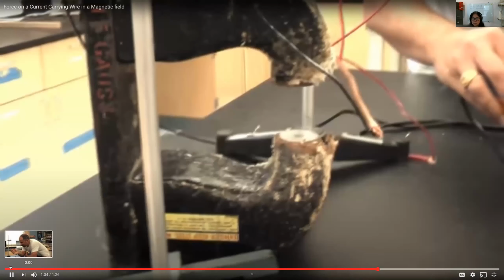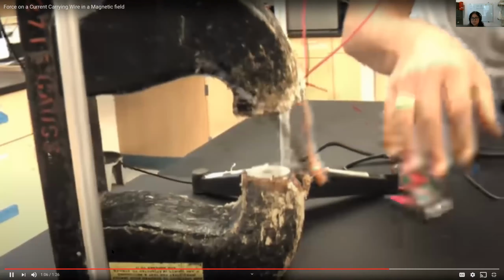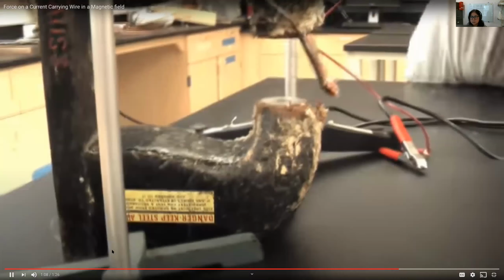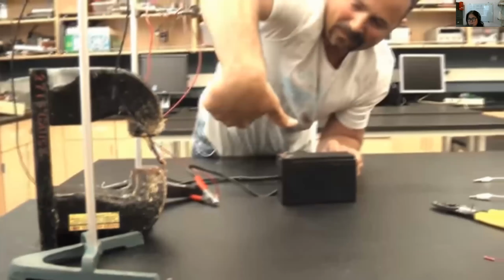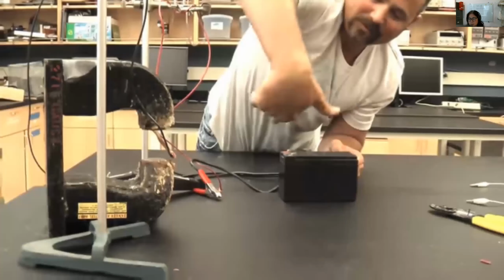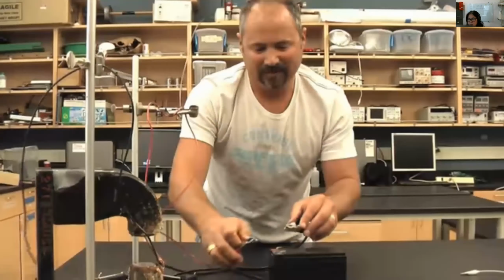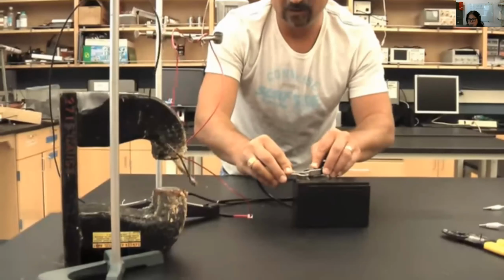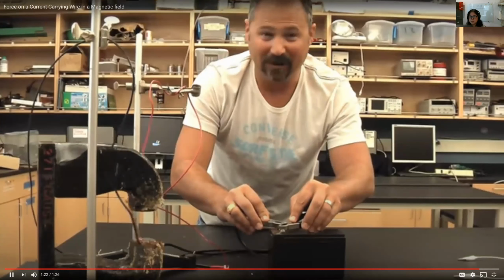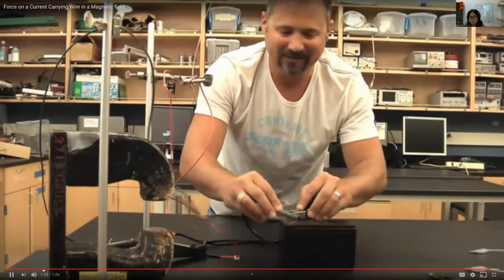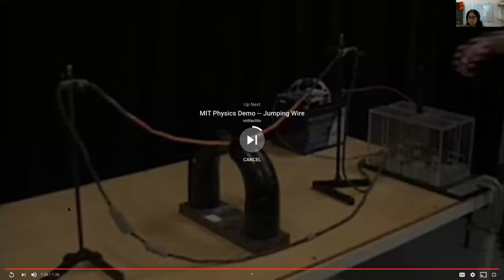Because now that I've reversed the direction of the current flowing this way, with the magnetic field pointing up, we expect an outward force. And that's what you see. Right-hand rule, simplified. And this is also the one I wanted to show you. Same thing.